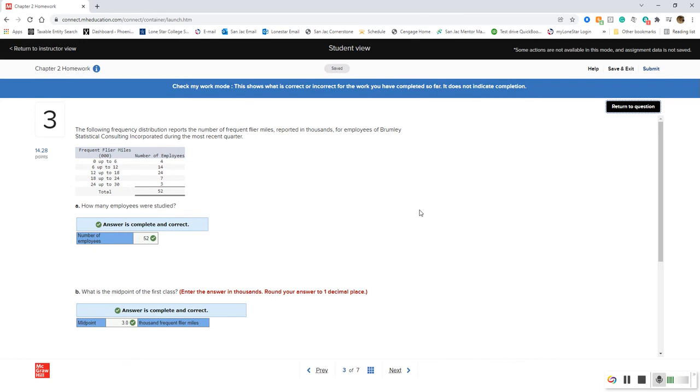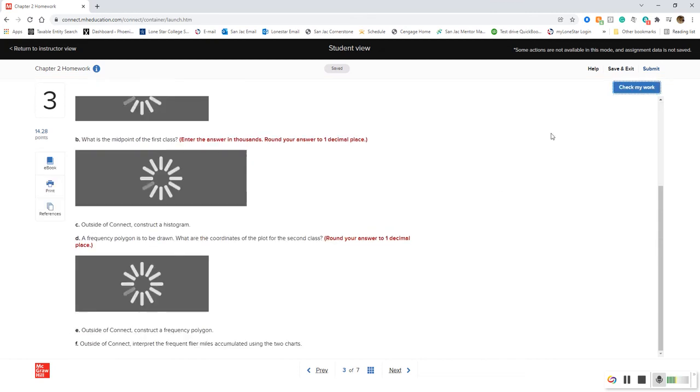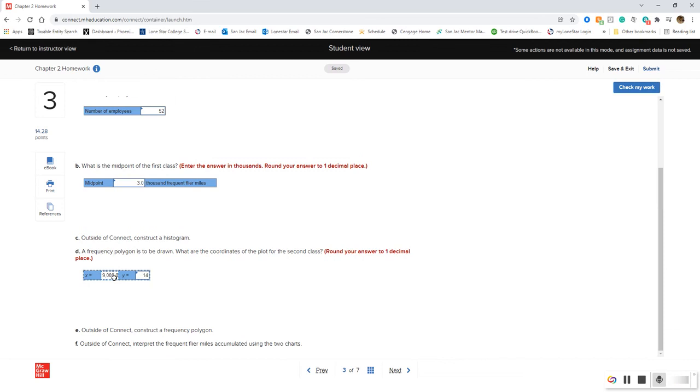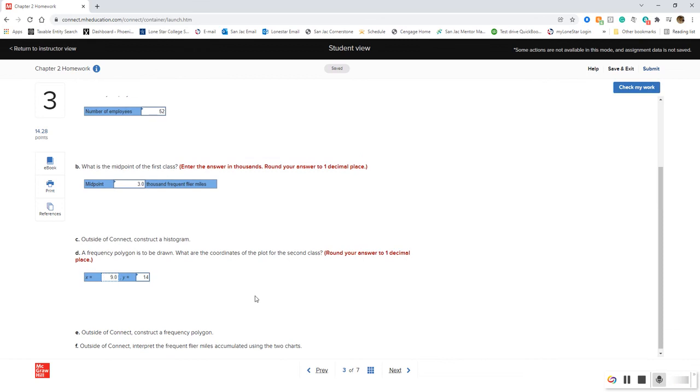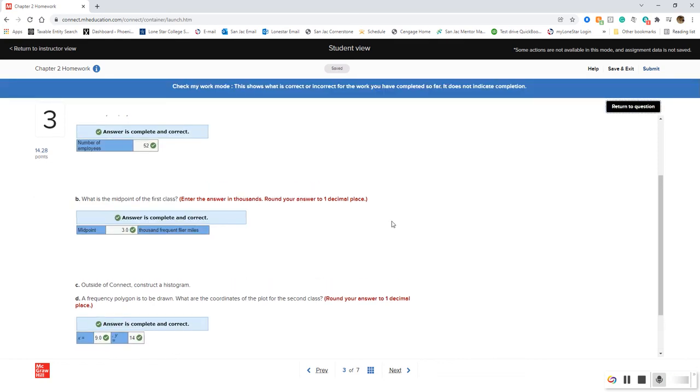See, sometimes that's what it is. That's why I like going through these with y'all, to interpret what they're trying to do. Because notice, it does say enter the answer in thousands, which I did. Alright, so there we go.